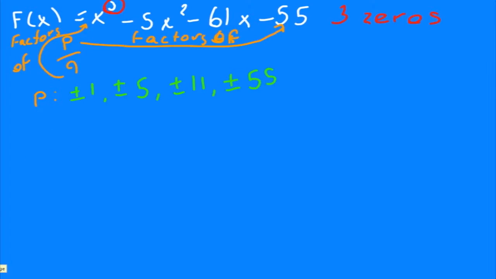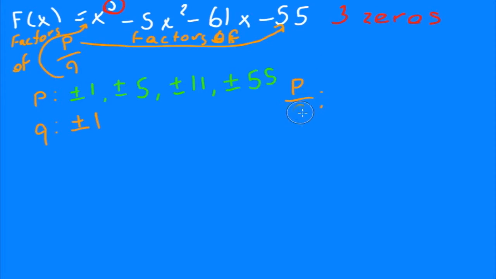And our Q would be equal to plus minus 1. And whenever you have a plus minus 1 in your Q, your P over Q is going to be just our P.